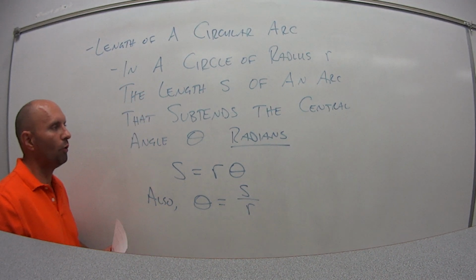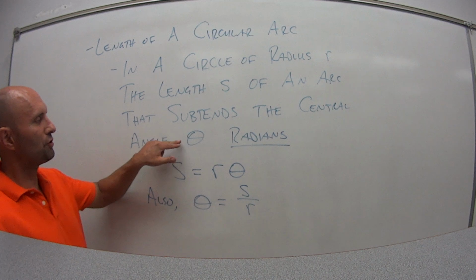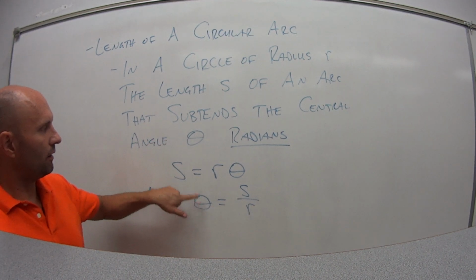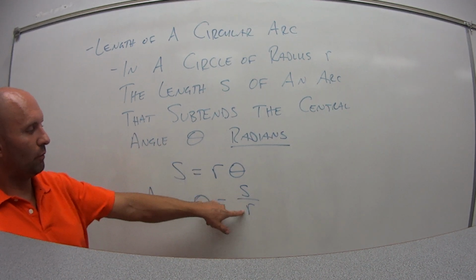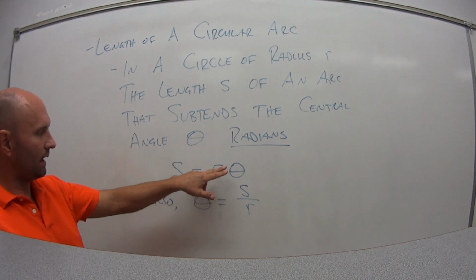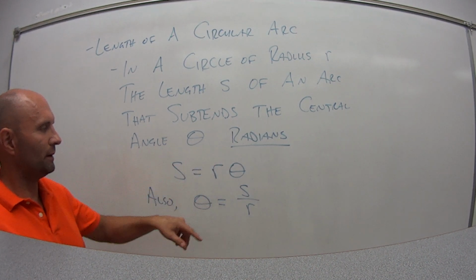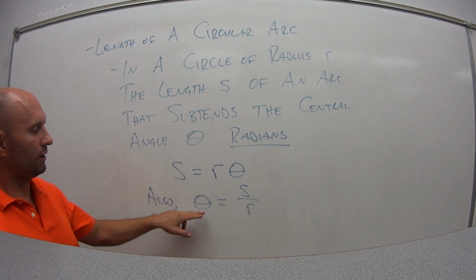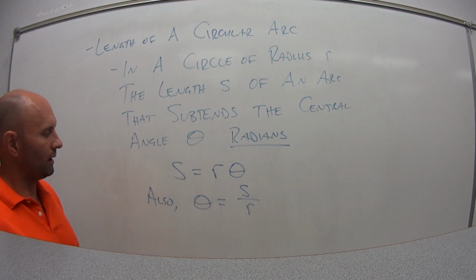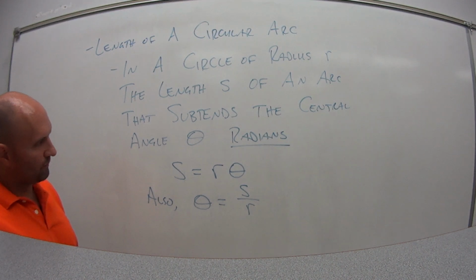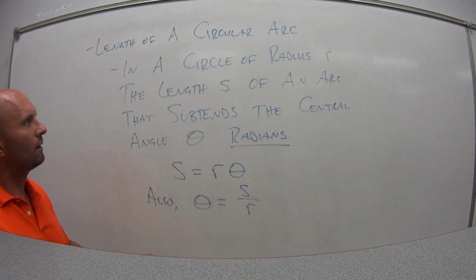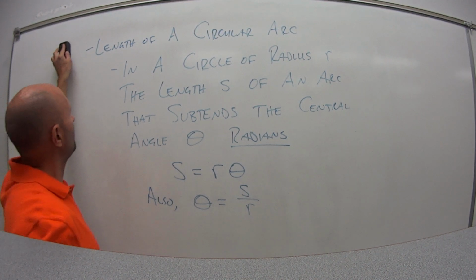So if we are told to find the measurement of the angle theta, and we're given the length and the radius, we can do that. If you just remember the first formula, you can plug the values in and do a little bit of algebra, but if you want it on your cheat sheet as a quick guide, this is the formula for that. Okay, I'm going to erase this. We'll look at an example.